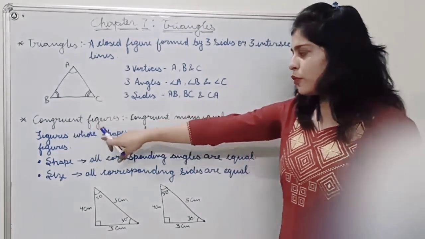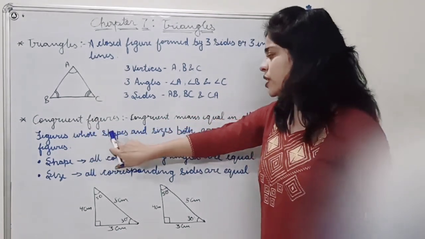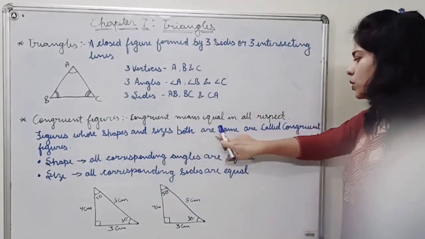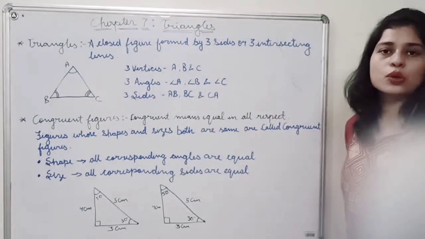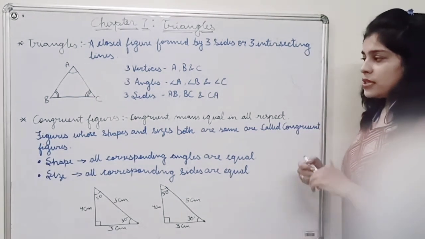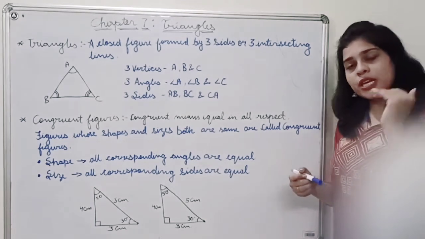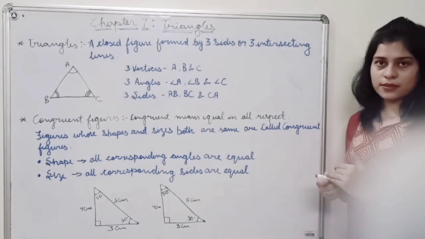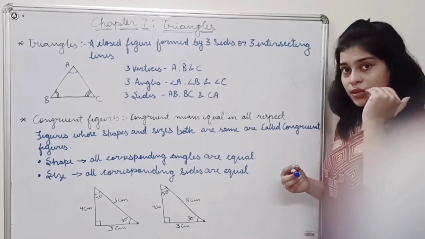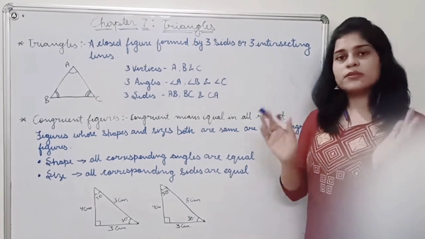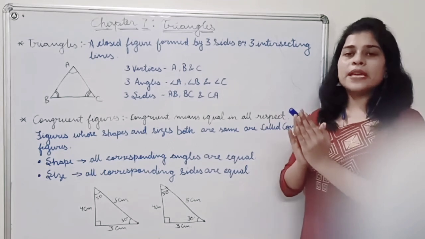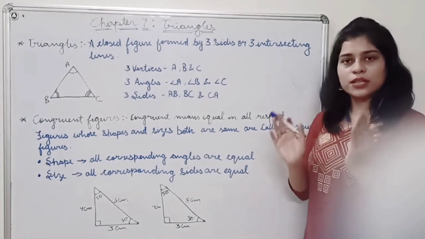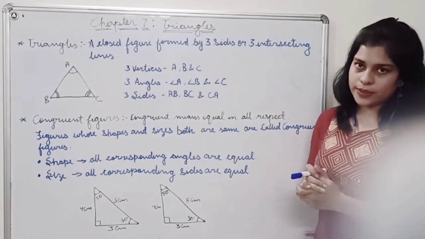So look for the definition. Figures whose shapes and sizes both are the same are called congruent figures. Such figures which have the same shape and the same size will be understood as congruent figures.